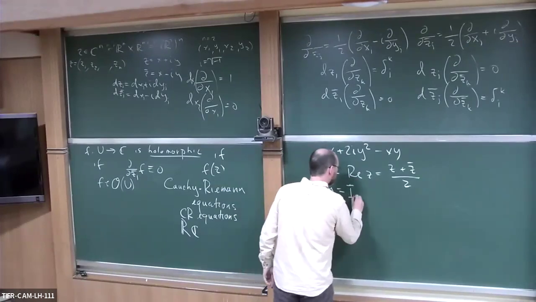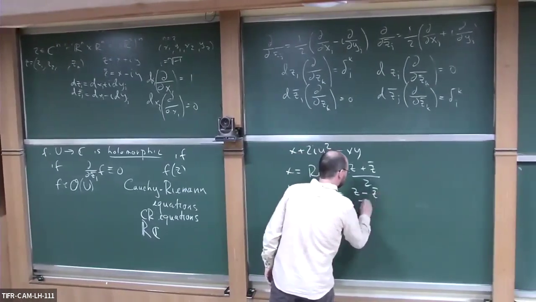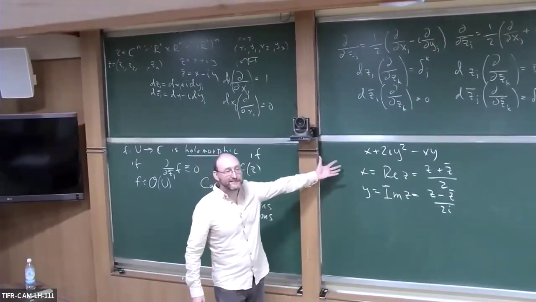And y is the imaginary part of z, so it's z minus z bar divided by 2i. Well, just plug that in here, right?